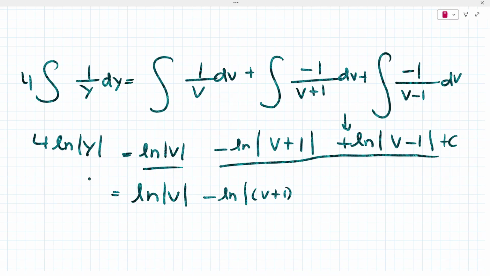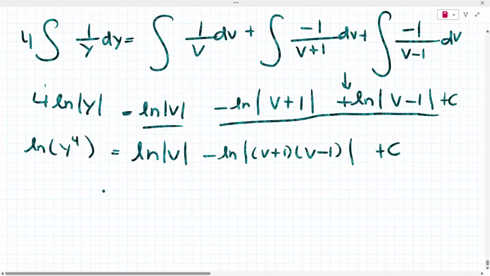Yes. So now when you're adding and trying to condense logs, you're multiplying. So it's going to be V plus 1 times V minus 1 plus C. And then over here, if you have a number in front of a log or natural log, that's like a power. So it's going to be the ln of y to the 4th.